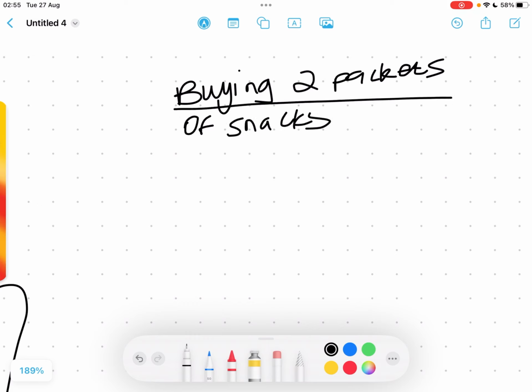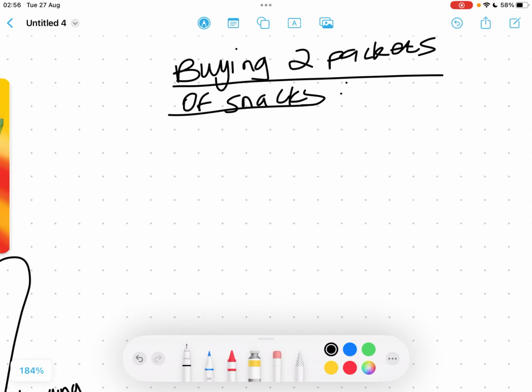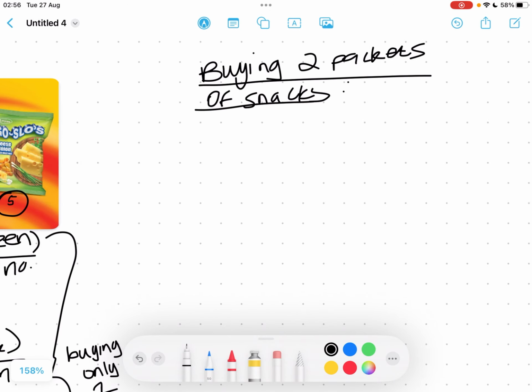This person is going to put their hand into their bag twice. He's going to pull out the first packet of snacks, and then pull out the second packet of snacks. So currently you can either be interested in a flavor, or you could just be interested in all the flavors at once.